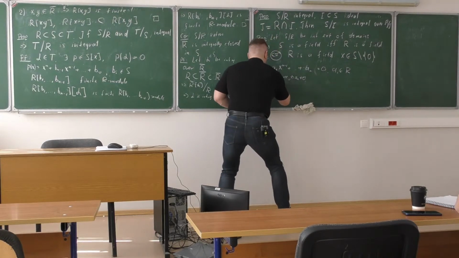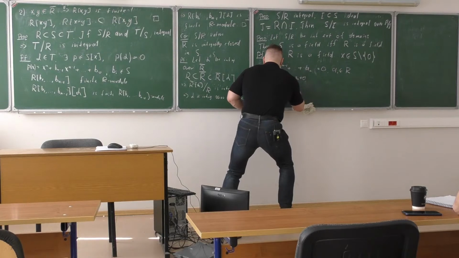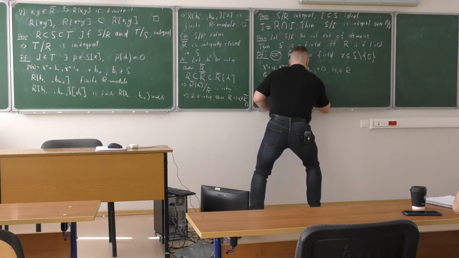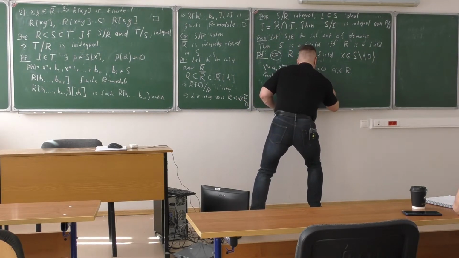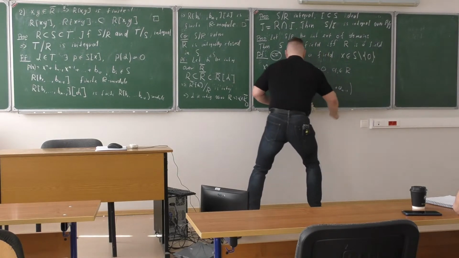I just can write the formula for x inverse. This is minus 1 over an times x to the n minus 1, plus a1 x to the n minus 2, etc. up to an minus 1.